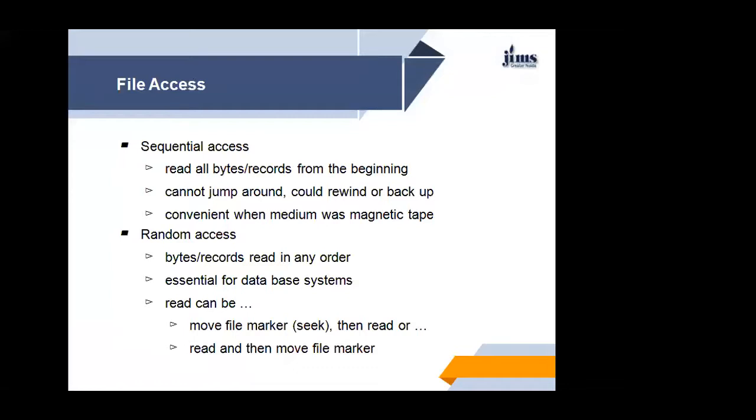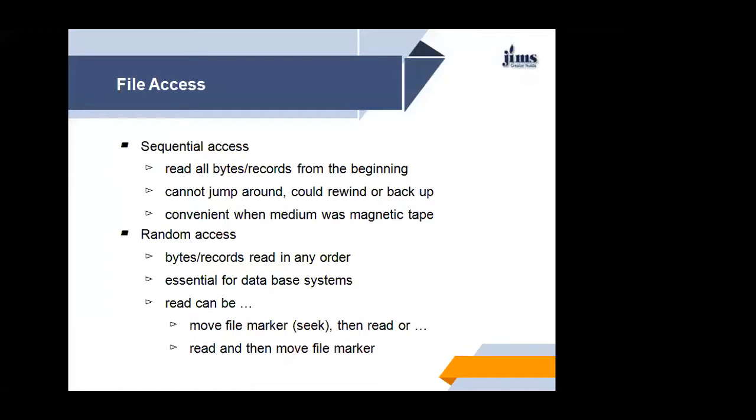Some systems provide only one access method for files. Other systems provide different access. One is called sequential access, and another is called random access, or direct access.